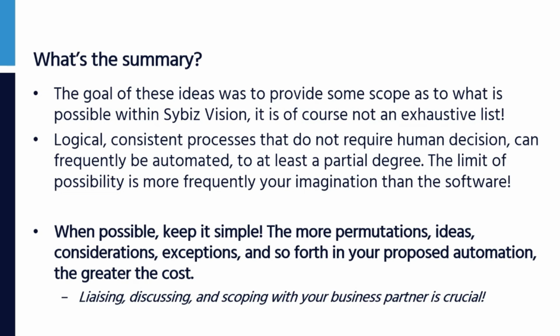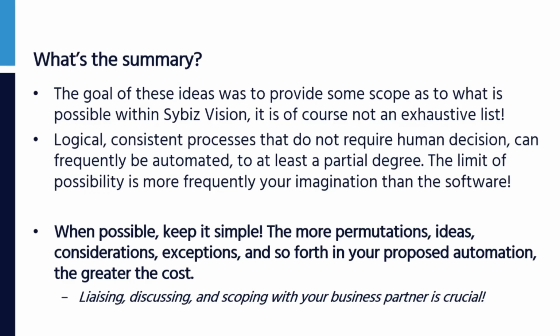The message I'll leave you with is, like I said before, keep it simple. The more ideas, conditions, considerations, exceptions, I want to automate this, but if the moon's in a particular part of its cycle and if the bus driver had a tuna sandwich for lunch, the more you add, the more complicated it's going to be. And at that point, yeah, there's going to be greater costs.